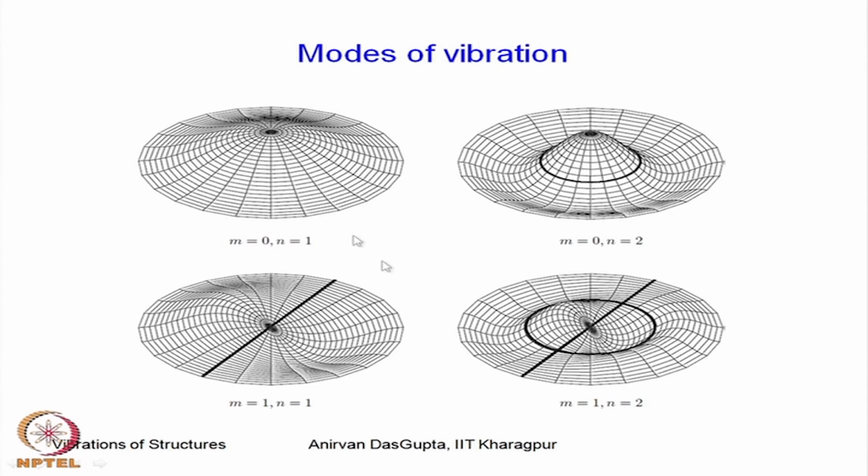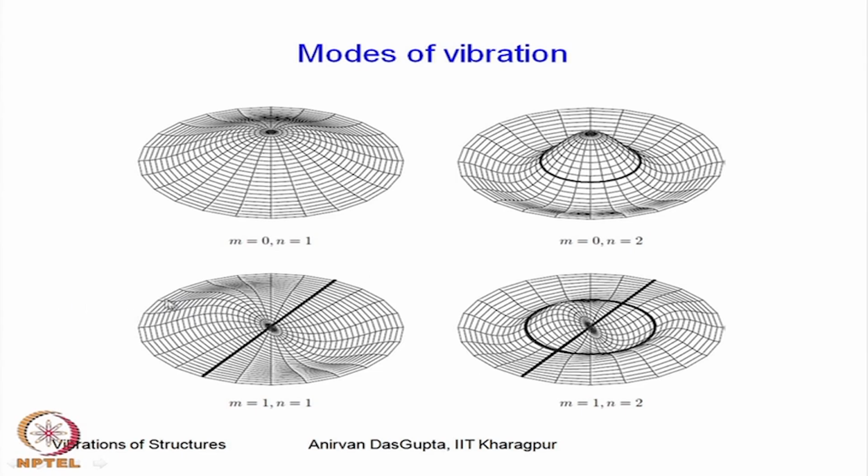So, these two are unsymmetric modes. They have modal degeneracy. This is because you can have one cosine mode and a sine mode, which will rotate this nodal diameter by pi by 2. So, if this is the cosine, then the sine one has a nodal diameter orthogonal to this.